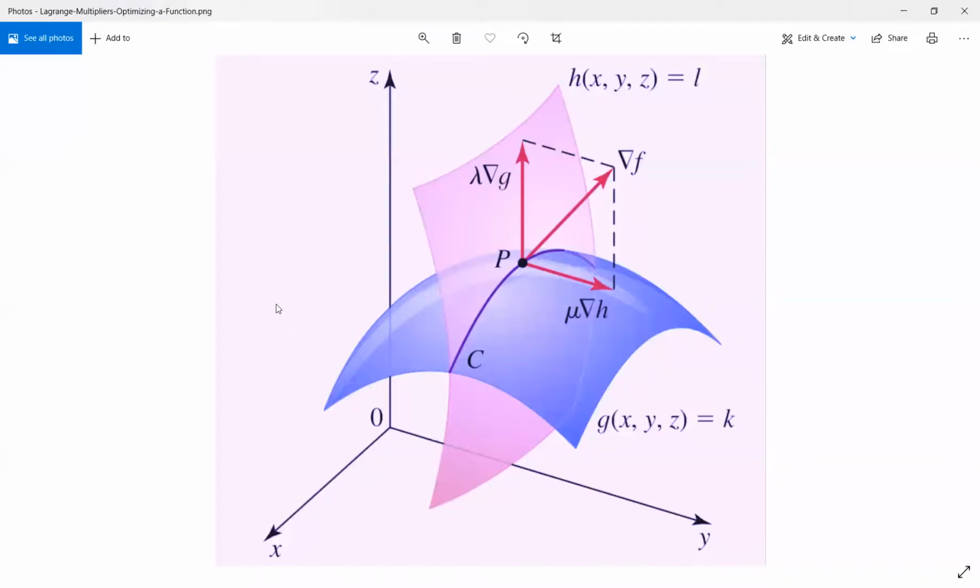So why do we set them equal to each other? When you have a constraint function and you find the gradient, we're interested in having the gradient of function g, which is perpendicular, orthogonal to g, to be in the same direction as the gradient of function f, which is orthogonal, perpendicular to function f as well.